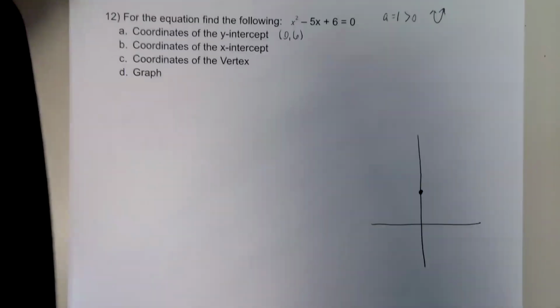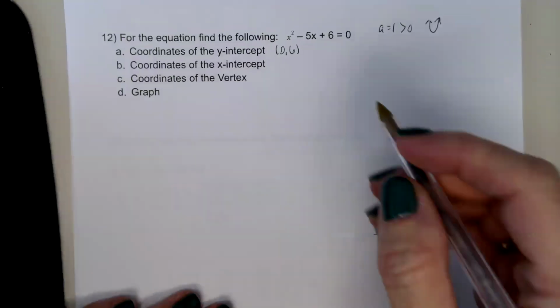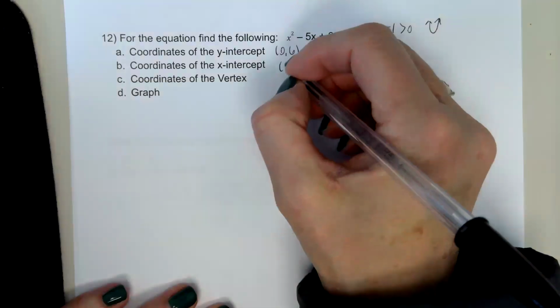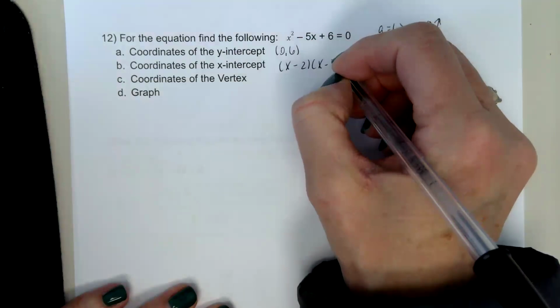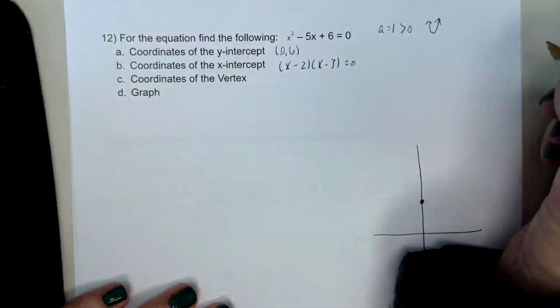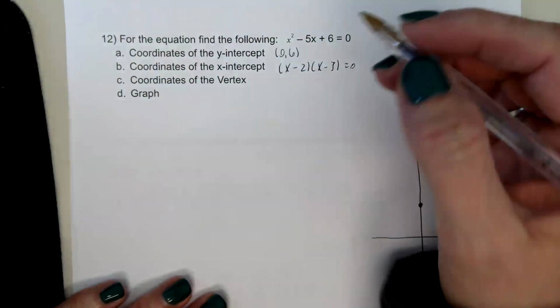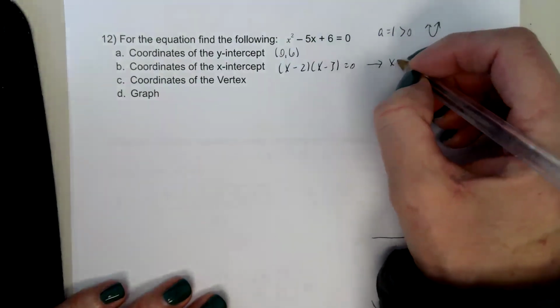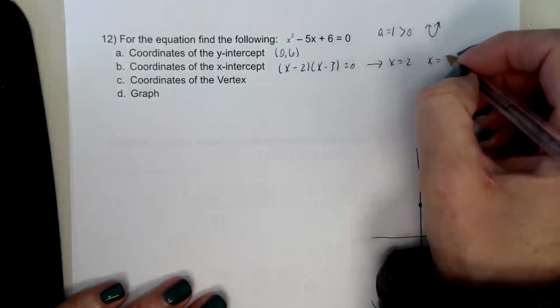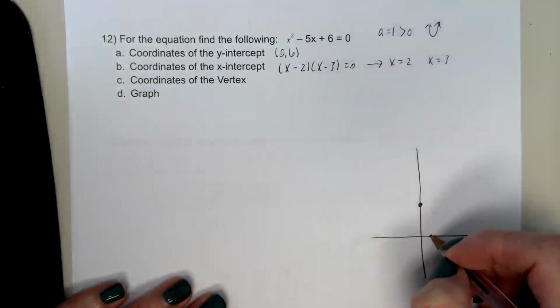My x-intercept, if I can factor, which it looks like I can factor into x minus 3, x minus 2. If you can't, you can always use the quadratic equation. So that gives me x equal to 2, x equal to 3. So here is a 2 and here is a 3.